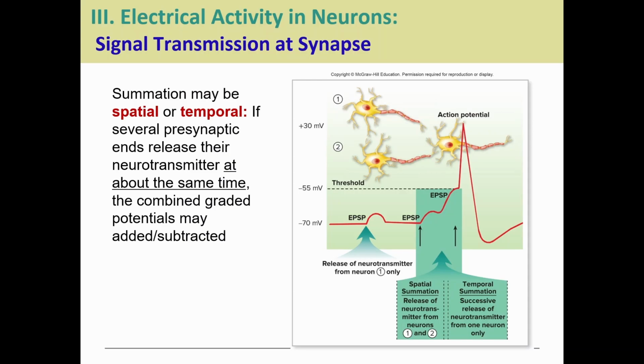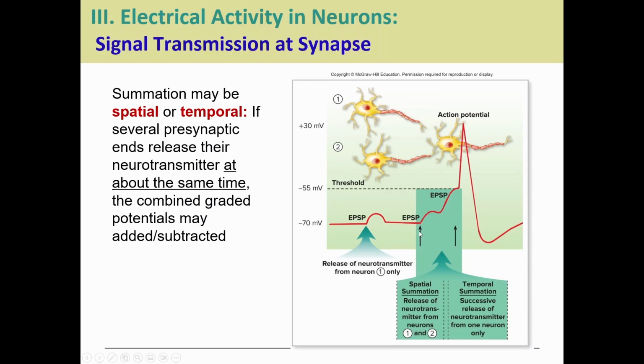Now this can be spatial, or this can be temporal. So here, spatial, we see that we release neurotransmitters at the same time. If a bunch of presynaptic ends release their neurotransmitters at the same time, the combined graded potentials can be added or subtracted. So here we get it from neuron 1 only, and it takes us back down. We didn't meet the threshold.